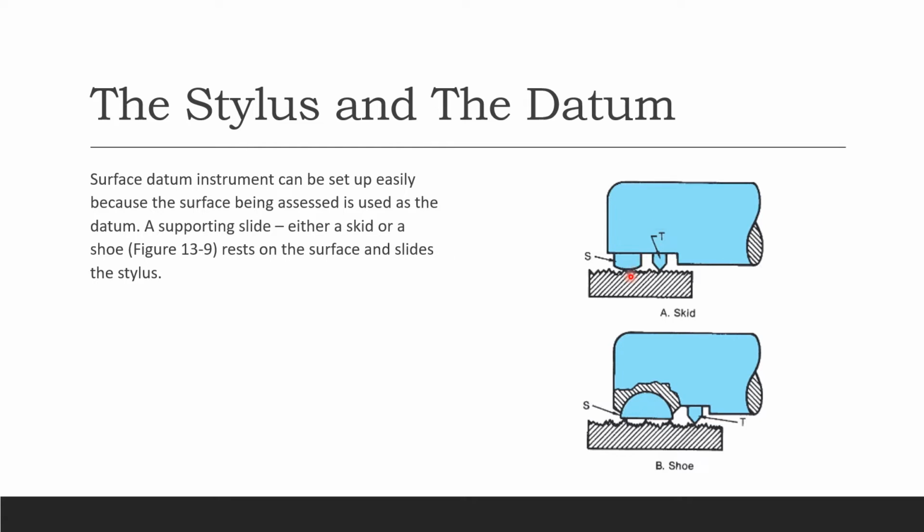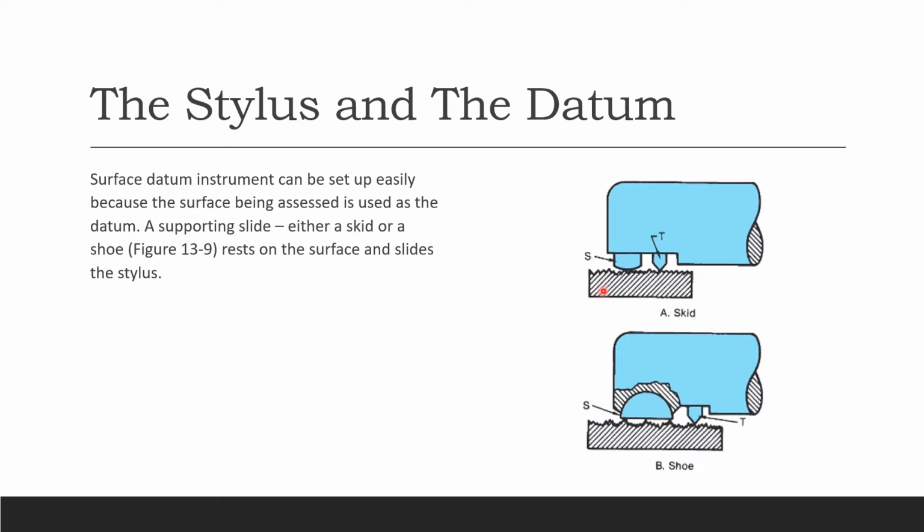A supporting slide, so this is your supporting slide, and we call that a skid. Sometimes we call this a shoe because it looks like a shoe, and it's just a resting place for the stylus, because you can't just run the stylus on its own. You have to have a support, okay, to help the stylus travel on that surface to investigate it.